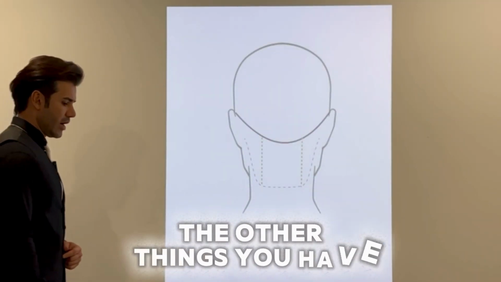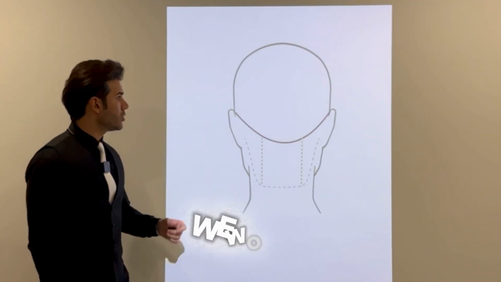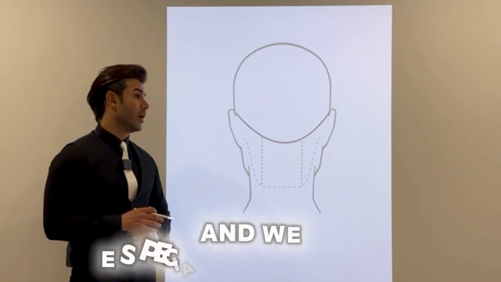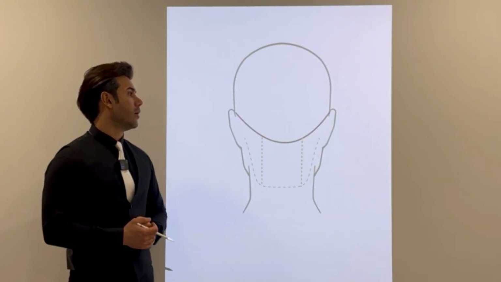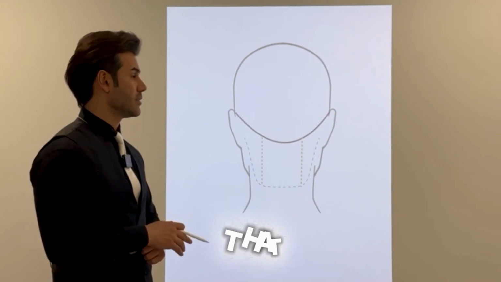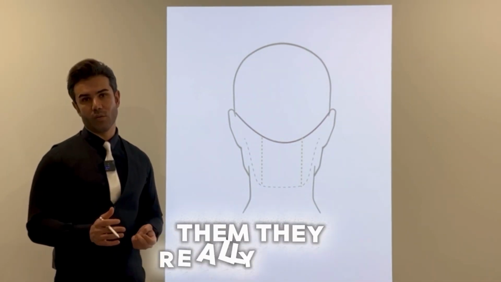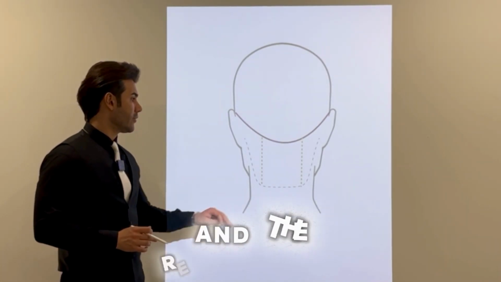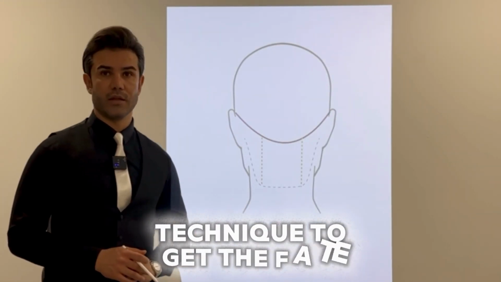The other thing you have to remember about the fade: when we want to do the fade, we won't pass the occipital bone, and especially the white area won't go past the occipital bone. Even if the customer wants a high fade, we won't pass that bone, except that some of them really want it. But for a proper haircut, we won't go for that, and for the rest we can use our numbers and our technique to get the fade.